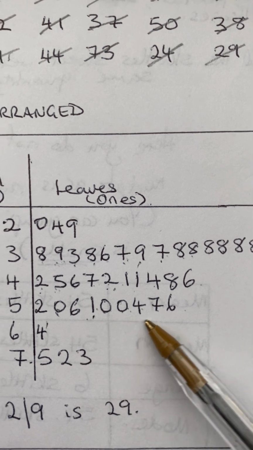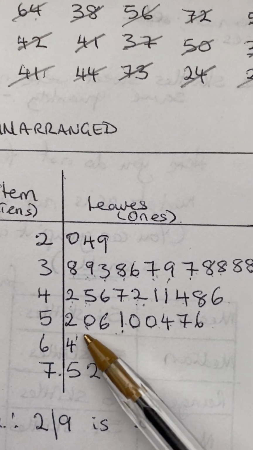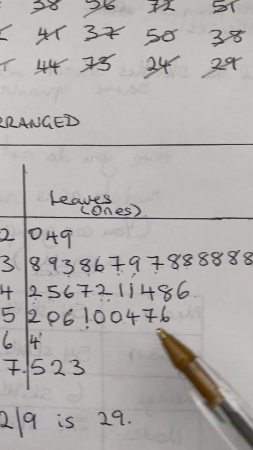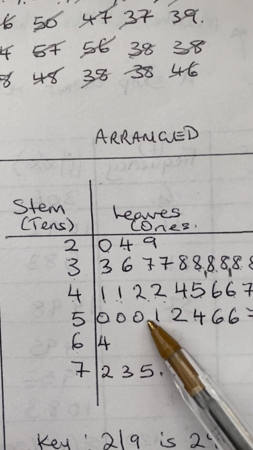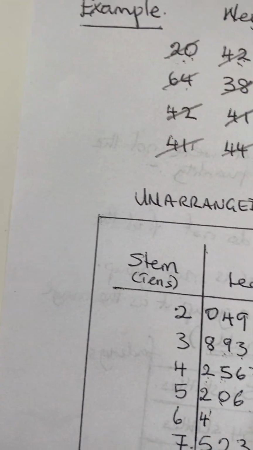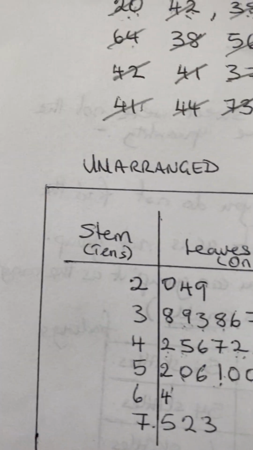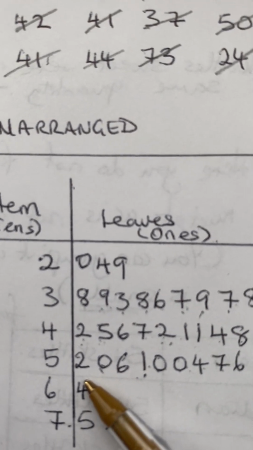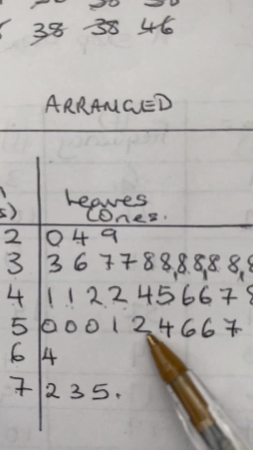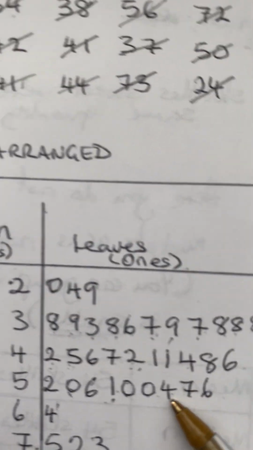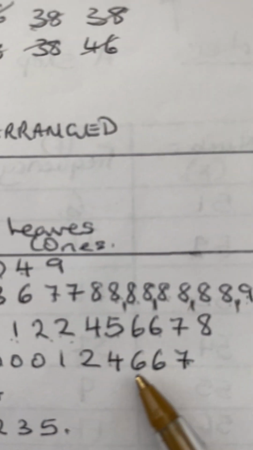In the 50th column, I have 1, 2, 3 of 50, so 1, 2, 3, and then I have a 1, so 1. I have a 2, so 2. I have a 4, so 4.